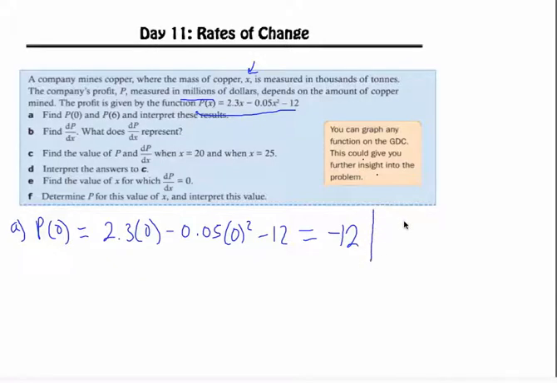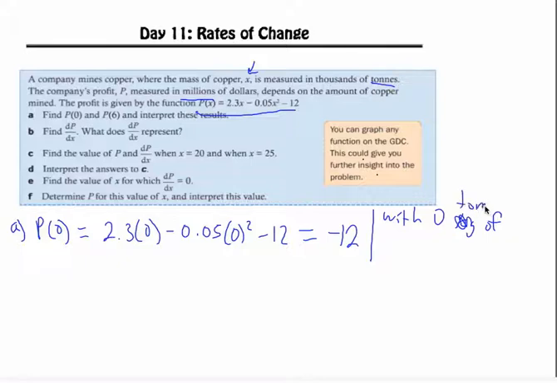So to interpret that, it means that with 0, is this grams or kilograms? It doesn't say exactly. Actually it's tons, sorry.